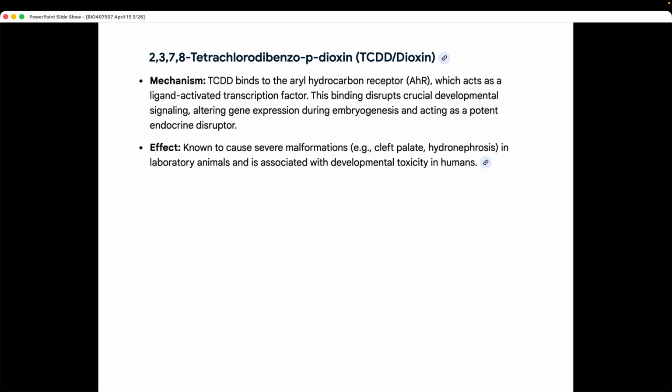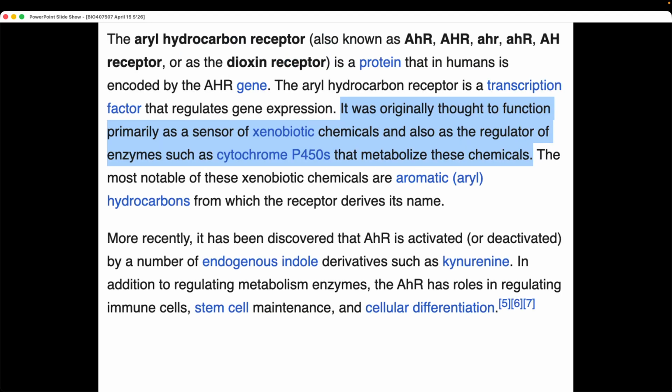The PCBs and dioxins do several things, but they bind to this aryl hydrocarbon receptor and disrupt its activity. That receptor is really curious and interesting. It sometimes functions like a hormone receptor, so these are considered endocrine disruptors because they affect this aryl hydrocarbon receptor.